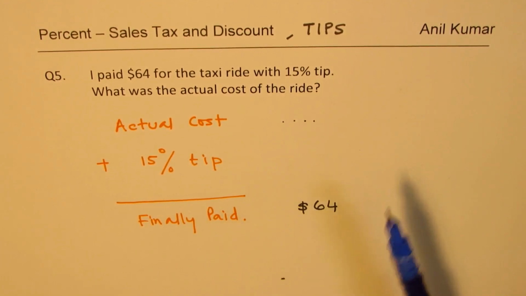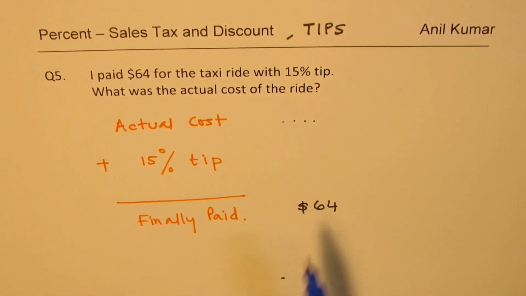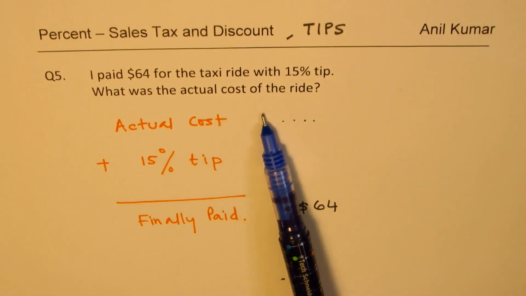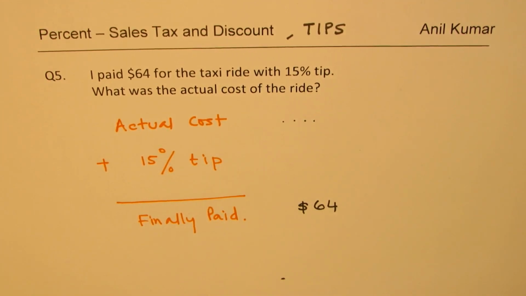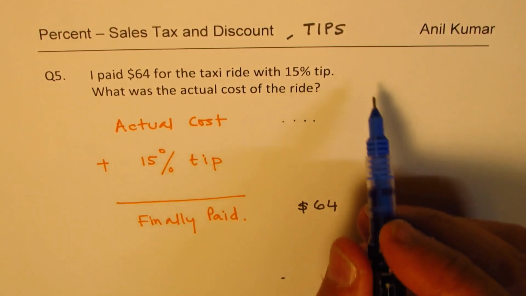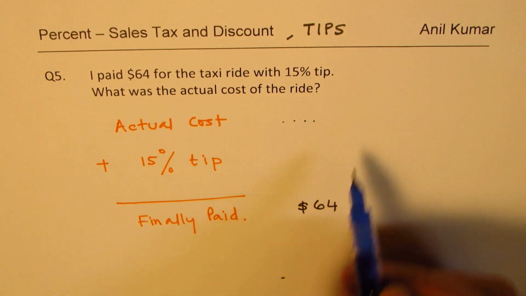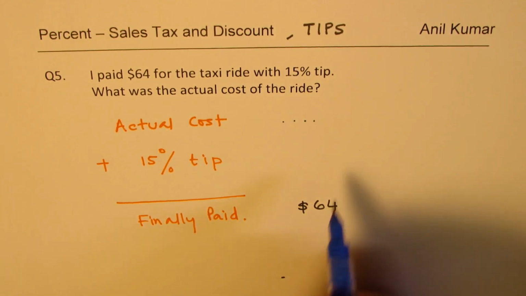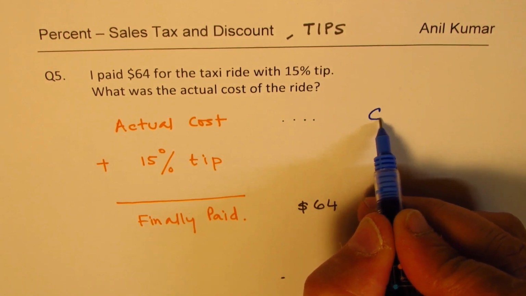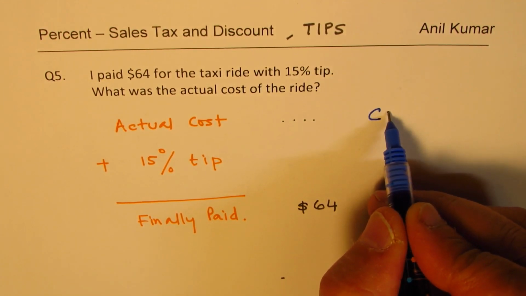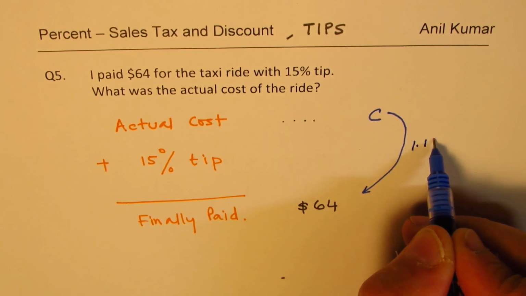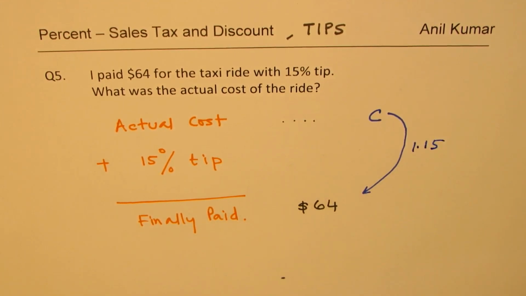Now if you think about it, we have paid something which is 15% more than the cost, right? So if the cost was a particular amount, this is 1.15 times, right? So if cost was, let's say, C, then we multiplied this by 1.15 to get the value.